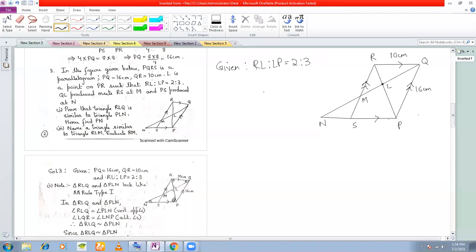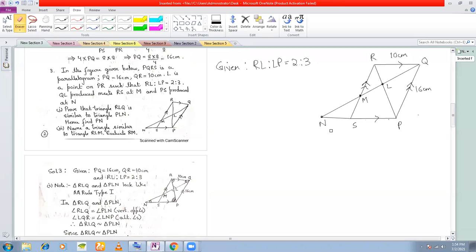So this is given, RL is to LP is equal to 2 is to 3. QL produced. So this line here is produced, right? To join RS at M. So RS it is meeting here at M, fine. And PS produced at N, and PS is produced to meet at this point N, fine. So this is what is given to us.